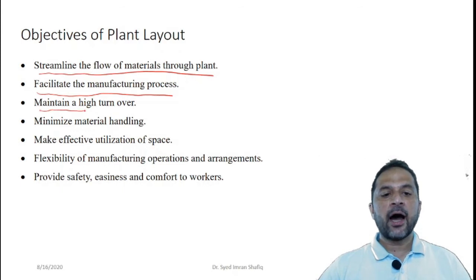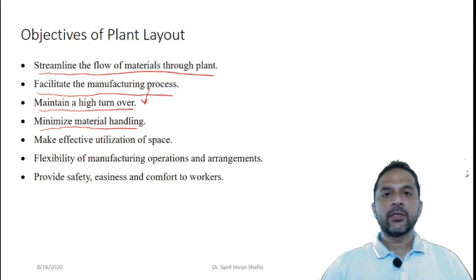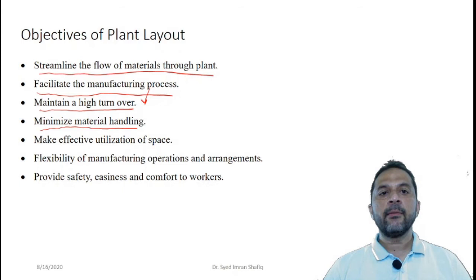And to maintain a high turnover, and minimize the material handling. As we have already discussed, the setup of industry should be according to the relationship. So we want the material handling to be minimum. Unnecessary transfer of materials across the layout is not recommended.